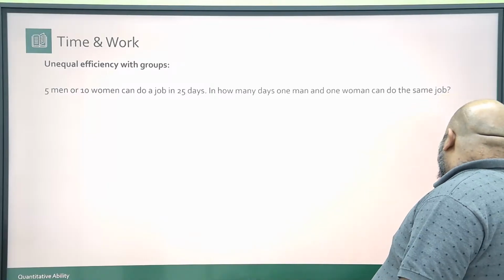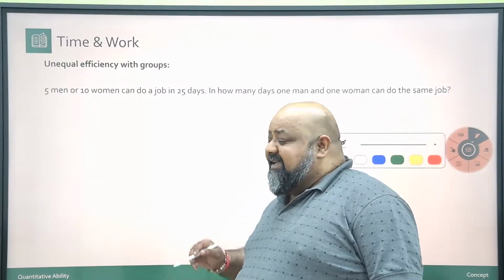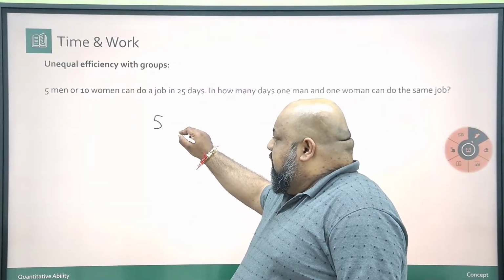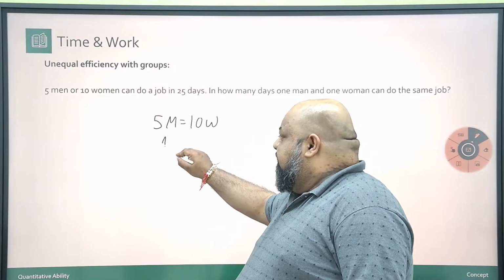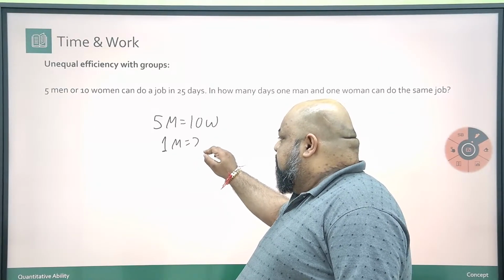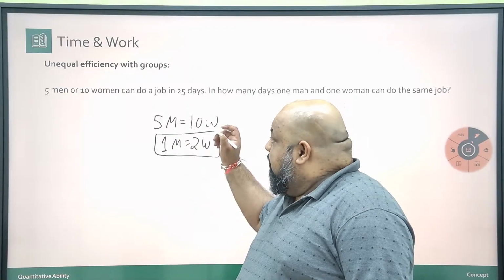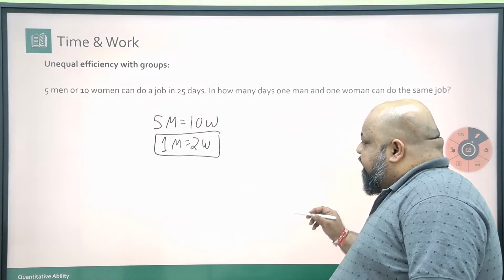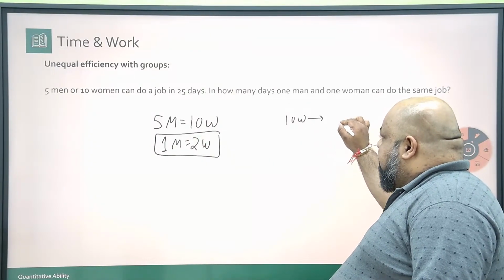And so here what we can do is, it says that 5 men, for the sake of this question, are equal to 10 women. Therefore 1 man is equal to 2 women. Right? Now in the question it says 10 women can do a work in 25 days.